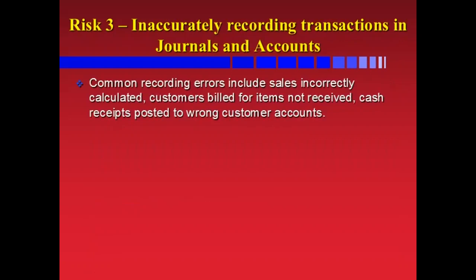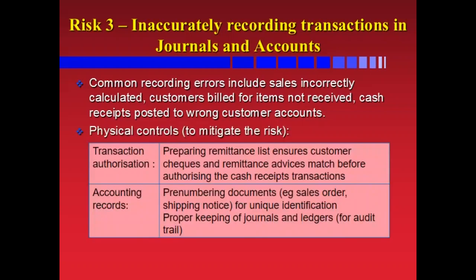Inaccurate record keeping can take many forms. They include the sales being inaccurately calculated, customers billed for items not received, and cash receipts posted to the wrong customer accounts. The physical control to mitigate the risk of recording cash receipts incorrectly is to have the mail room clerk prepare a remittance list as a means of verifying that customer checks and remittance advices match in amounts and represent valid transactions.